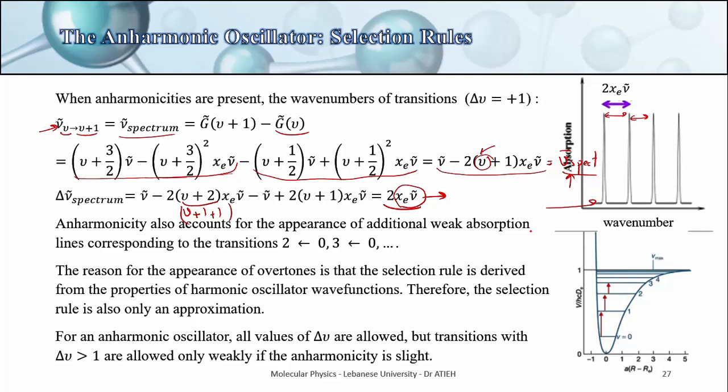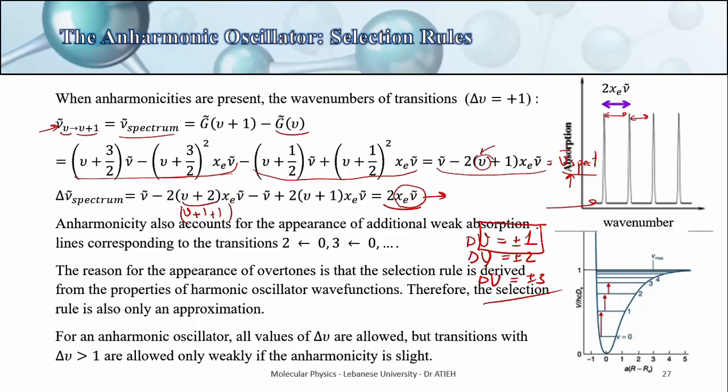They are simply due to absorption from level 0 to 2, 0 to 3, etc. So due to anharmonicity, not only is the transition rule delta nu equals plus or minus 1 allowed, but also the rules delta nu equals plus or minus 2 and delta nu equals plus or minus 3. All transition rules are okay for an anharmonic oscillator. Now, why does that happen?